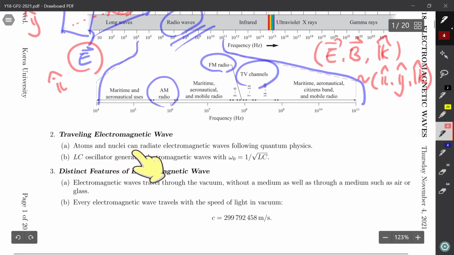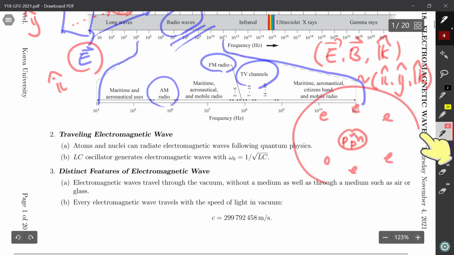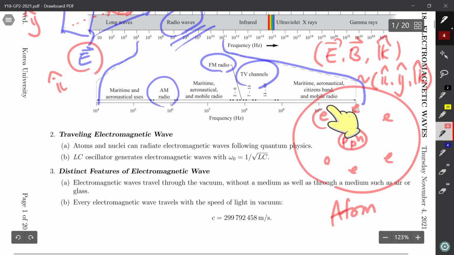Atoms and nuclei can radiate electromagnetic waves following quantum physics. The nucleus consists of protons and neutrons, and electrons outside, and this is an atom. The electron makes a transition between two possible quantum states.